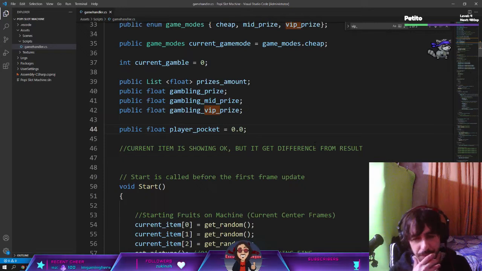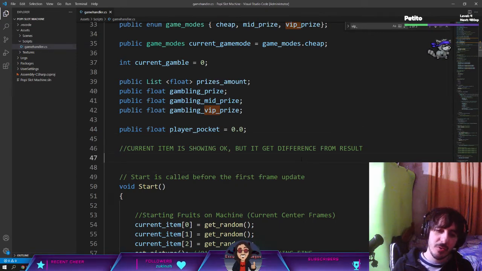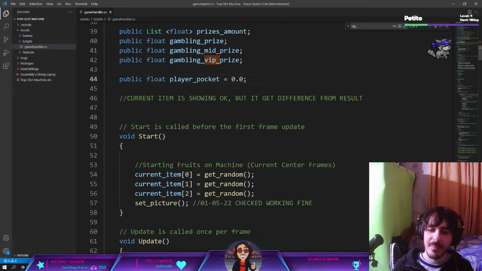Okay, now I will create a function to insert some money in the pocket in the game.